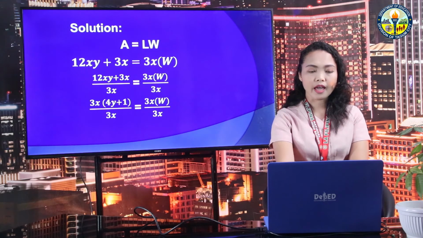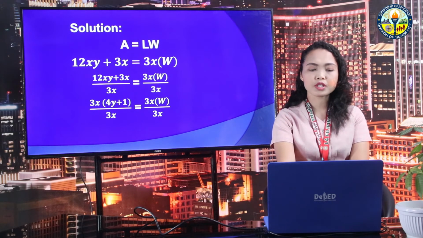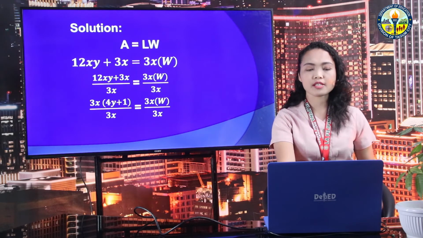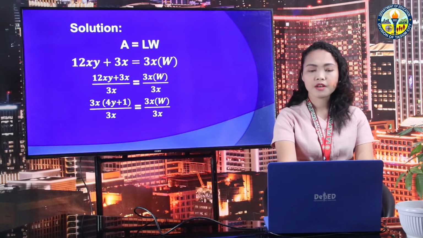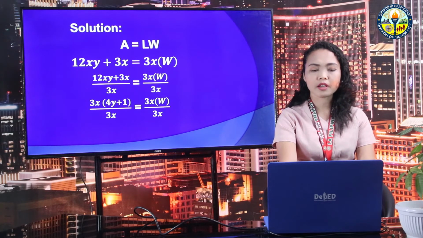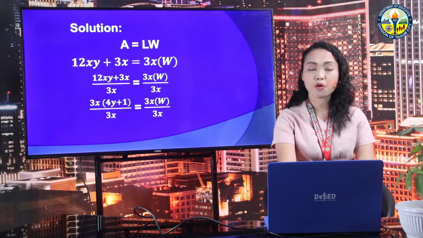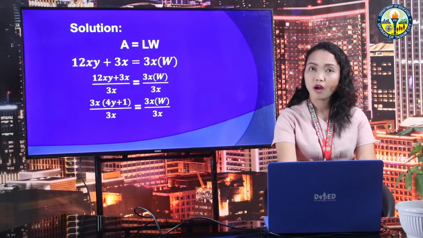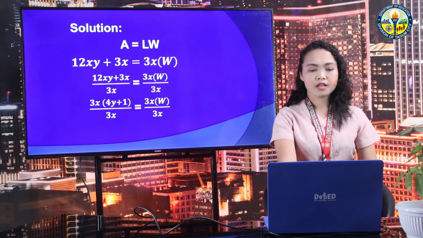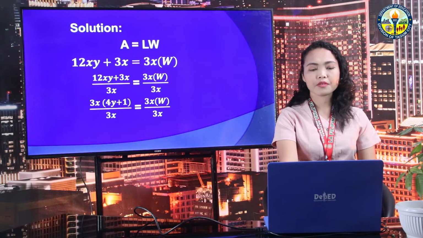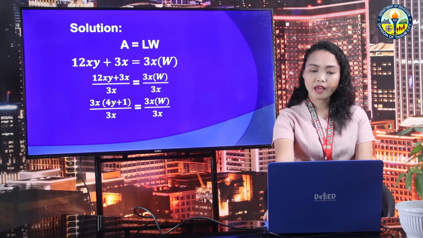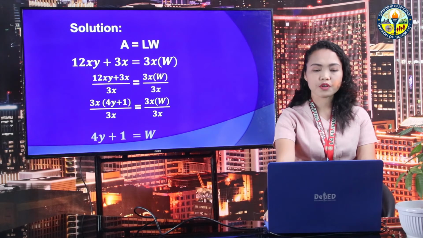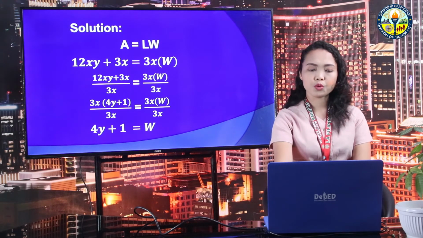So we'll have to factor 12xy plus 3x. Our GCF is 3x. Therefore, we have 12xy divided by 3x equals 4y. And then 3x divided by 3x equals 1, or you may cancel 3x so that we can solve for the value of w.